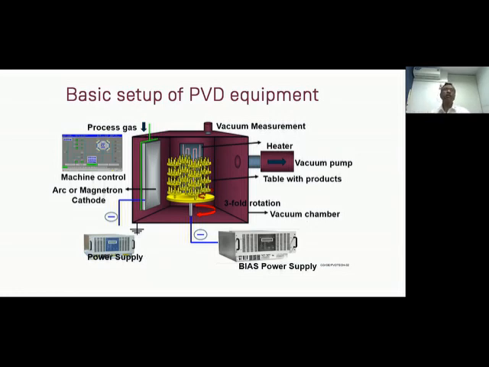How does the coating start? On the left side, we see a long target. We call it a cathode. Depending on the material we need to coat with, the solid material of this cathode is chosen.